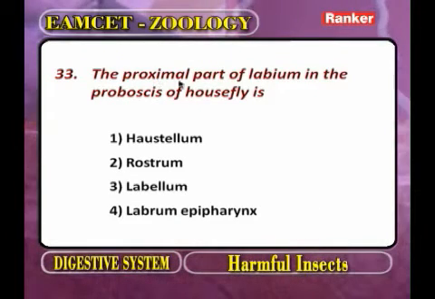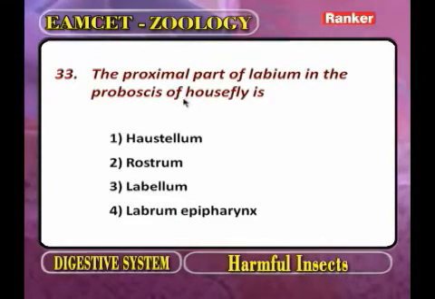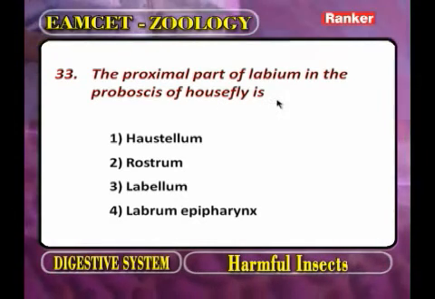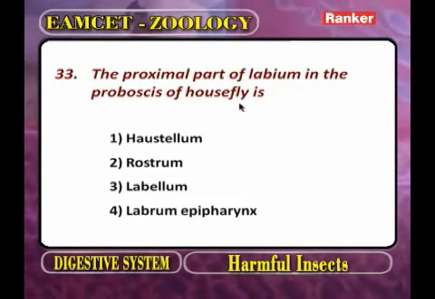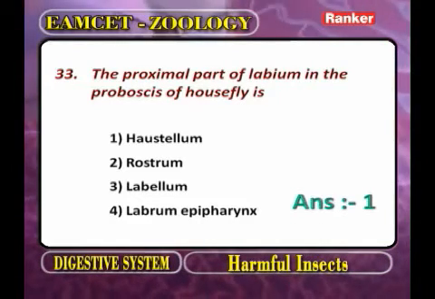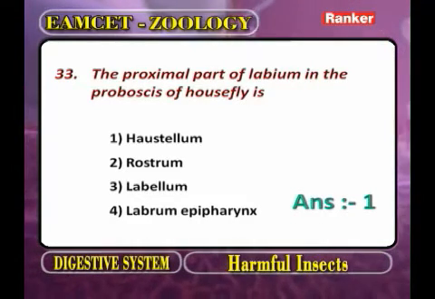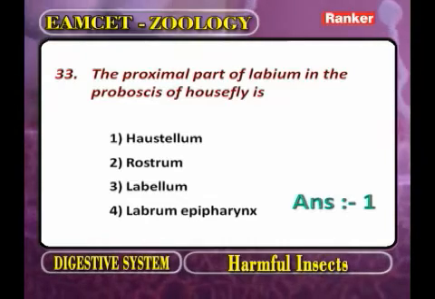The proximal part of labium in the proboscis of housefly. Now, as we observe the housefly, sponging and sucking type of mouth parts are present. This part we call the head region.